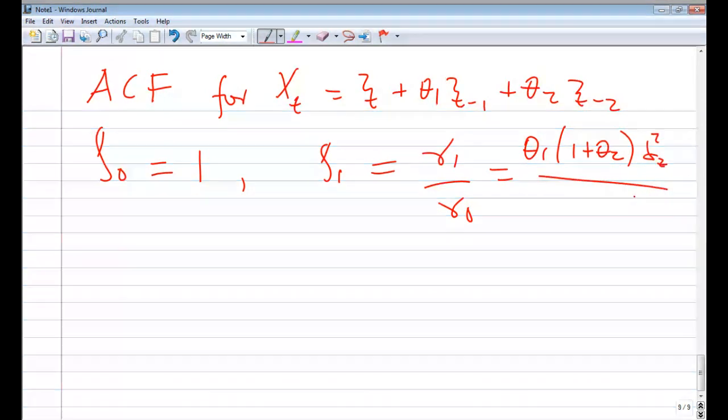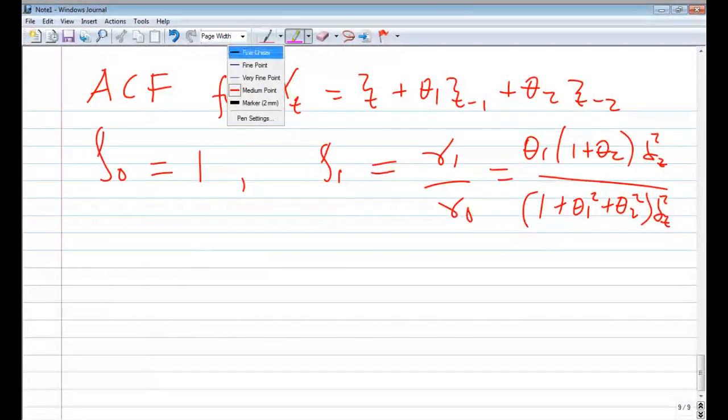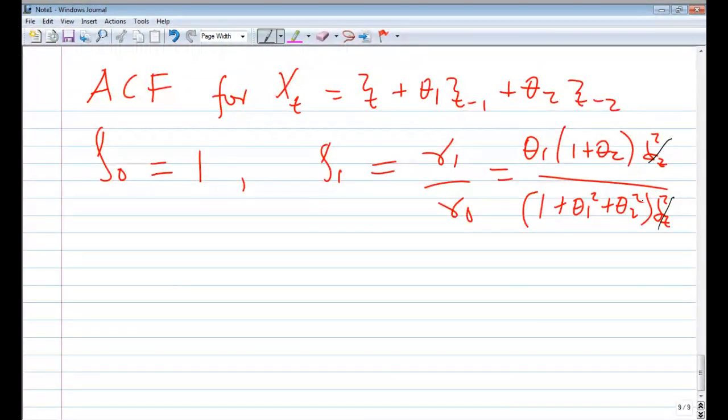Then you divide by (1 plus theta 1 squared plus theta 2 squared) sigma squared z. Now you can cancel sigma squared z there. Then we're left with theta 1 (1 plus theta 2) divided by 1 plus theta 1 squared plus theta 2 squared. That's the autocorrelation function at lag 1, rho 1.